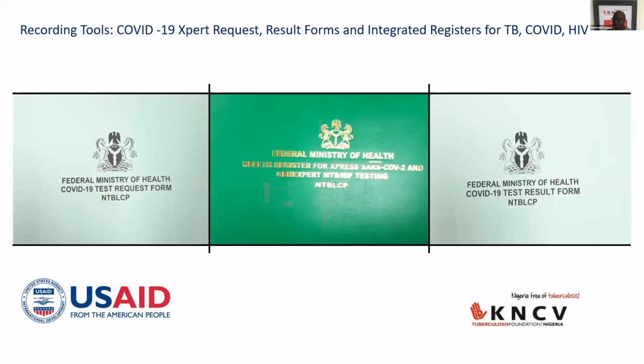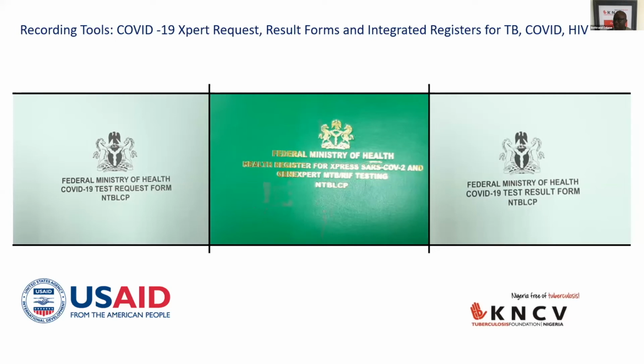This is the referral form for COVID testing, and the other side is the result form, and in between is an integrated register where you can see the cascade of all the events from both TB diagnosis and GeneXpert diagnosis for COVID, and even other disease entities like HIV. Every patient registered can be captured longitudinally in the register. These tools made the integrated response very, very possible.